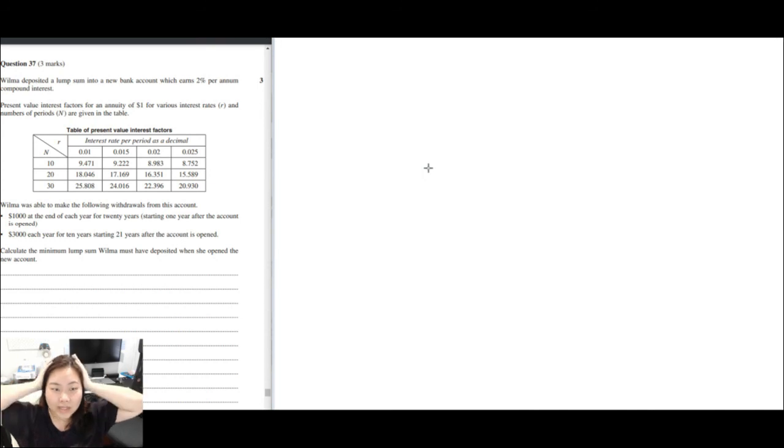Last question. Oh my goodness, we are here. Let's do this. Question 37. Wilma deposited a lump sum into a new bank account which earns 2% per annum compound interest. The present value interest factors for an annuity of $1 for various interest rates are provided below.